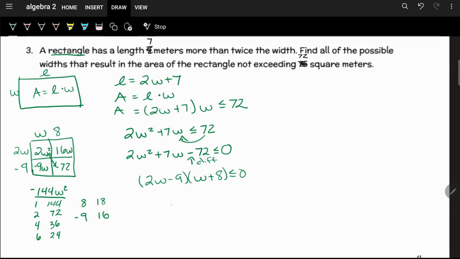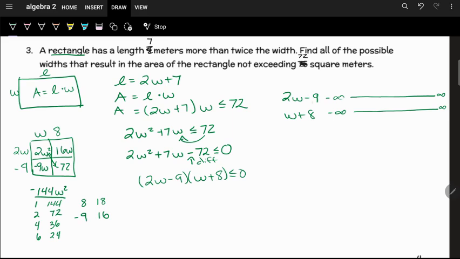All right. So now I need to find out where we're going to have our positive and negative intervals. So we will have 2w minus 9 and w plus 8. We're going to have our number lines, negative infinity to infinity.